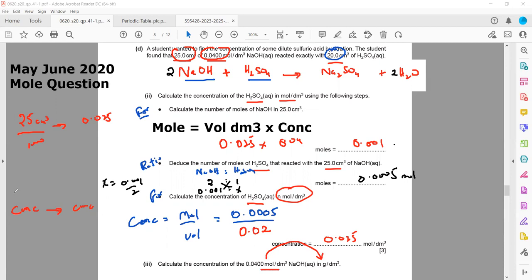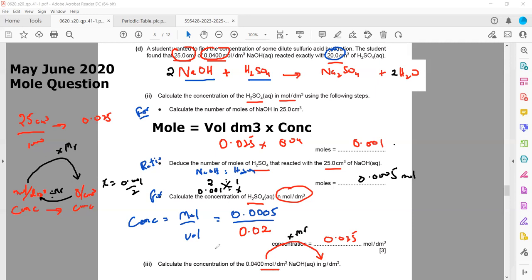Concentration can be in moles per decimeter cube, or concentration can be in grams per decimeter cube. So if you want to convert moles per dm cube into gram per dm cube, we multiply by molar mass. If you want to convert gram per dm cube into mole per dm cube, we divide by molar mass. So here we have the concentration in mole per dm cube. We want to convert into gram per decimeter cube, so we multiply by molar mass.